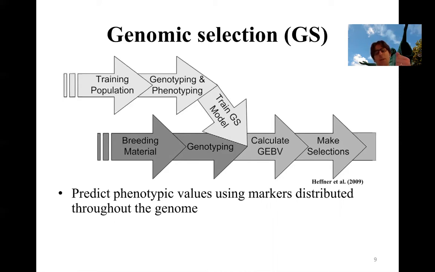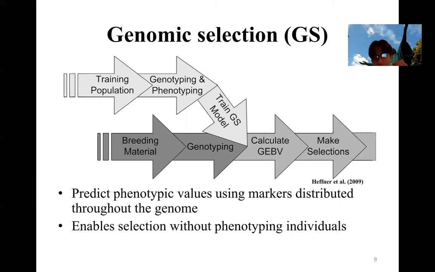So armed with this trained genomic selection model, we can then go into some crop breeding material that we're interested in that have been genotyped with these markers, plug those markers into this genomic selection model, obtain predicted trait values, and we can make predictions based off of these predicted trait values.